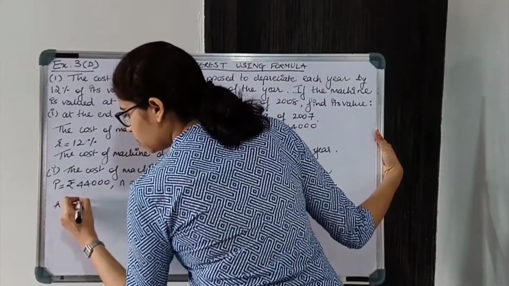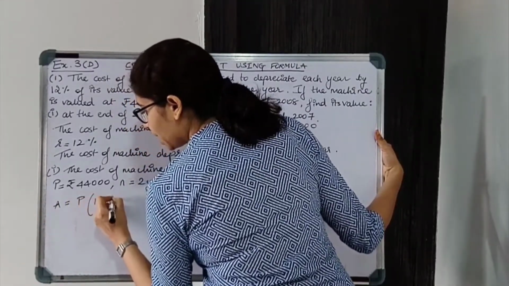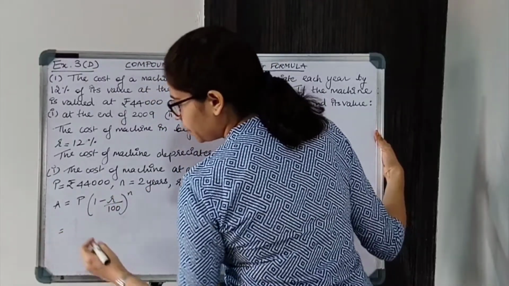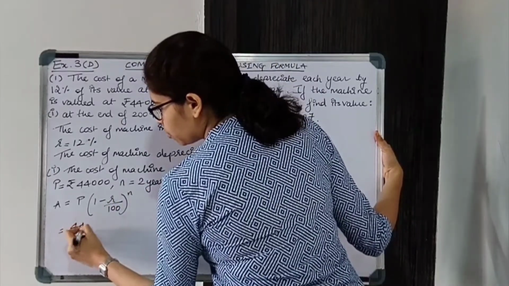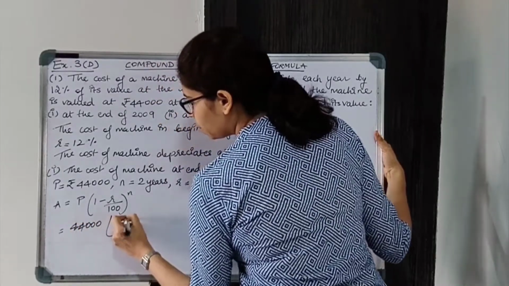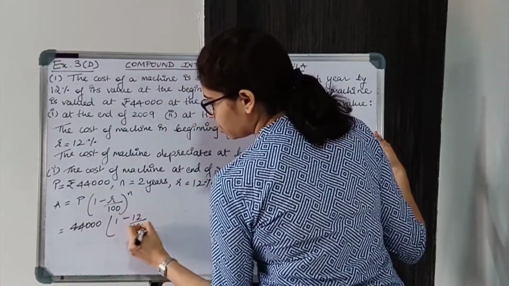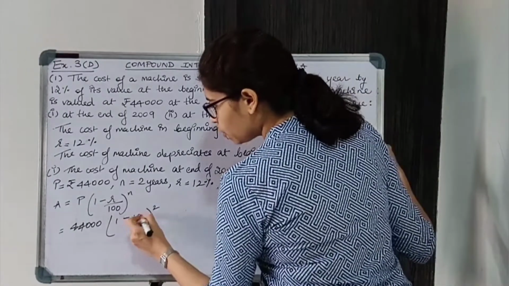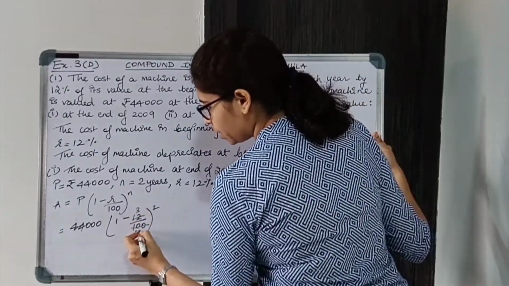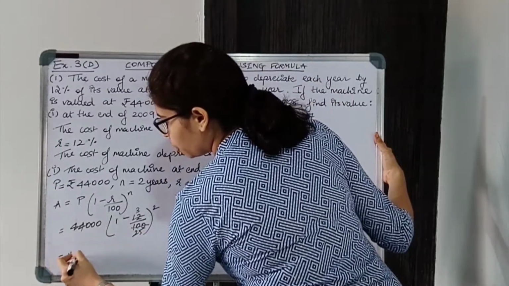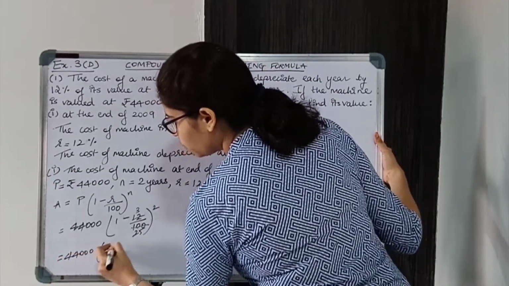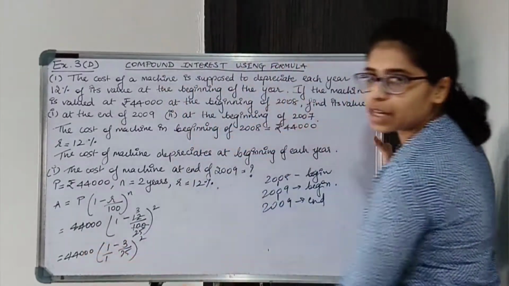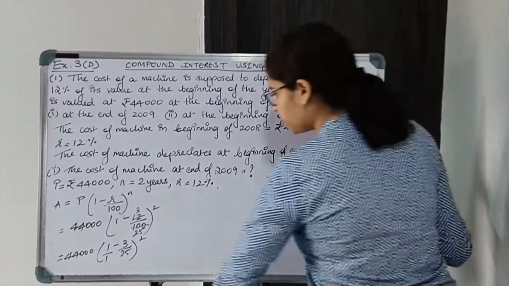So A is equal to P into (1 minus R upon 100) raised to N. Cost is decreasing, so you will subtract. 44,000 into (1 minus 12 upon 100) raised to N is 2. 4 3s are 12, 4 25s are 100. So 44,000 into (1 minus 3 upon 25) raised to 2. Take LCM, multiply and divide by 25.